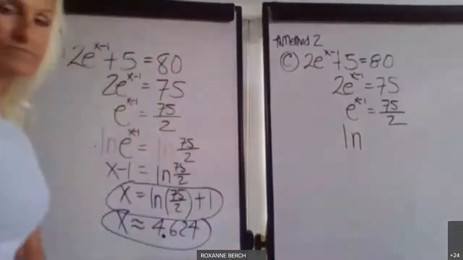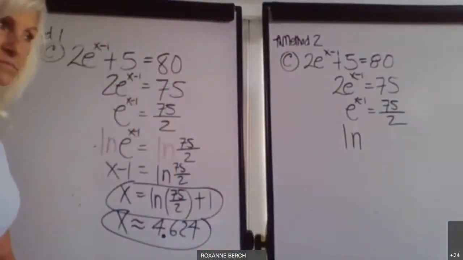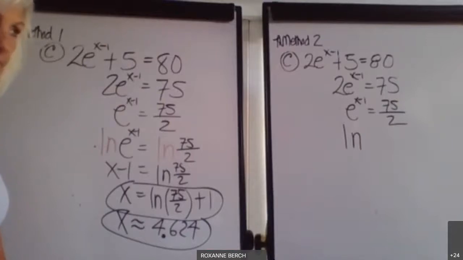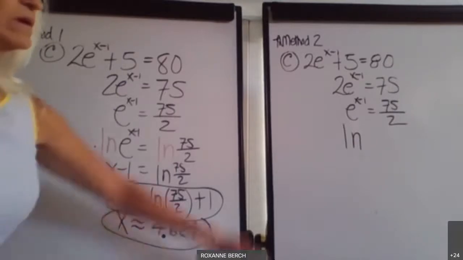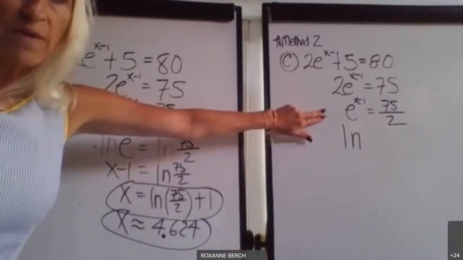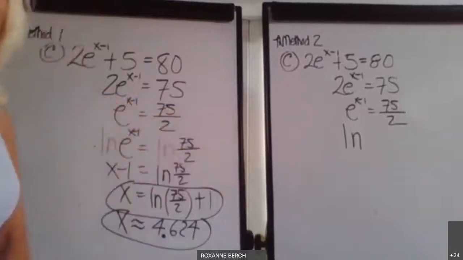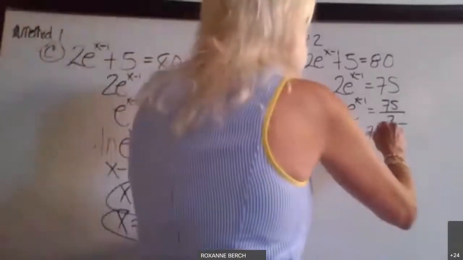Of what? Look at your definition of a logarithm. This is exponential form. How do you write it in logarithmic form? Log base e of what? 75 over 2 equals x minus 1.